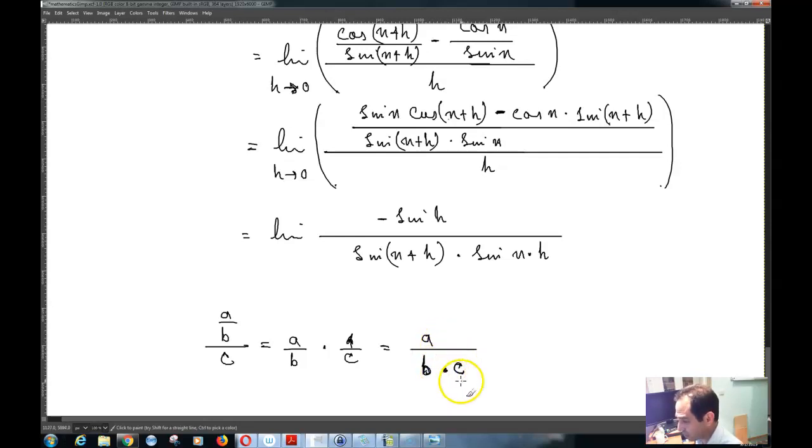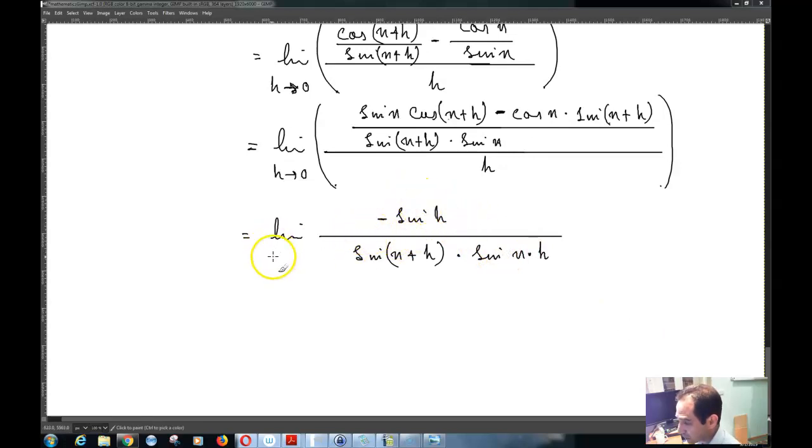So this is now a, which is this expression rewritten, and this over here is b times c. I have written everything in the denominator.